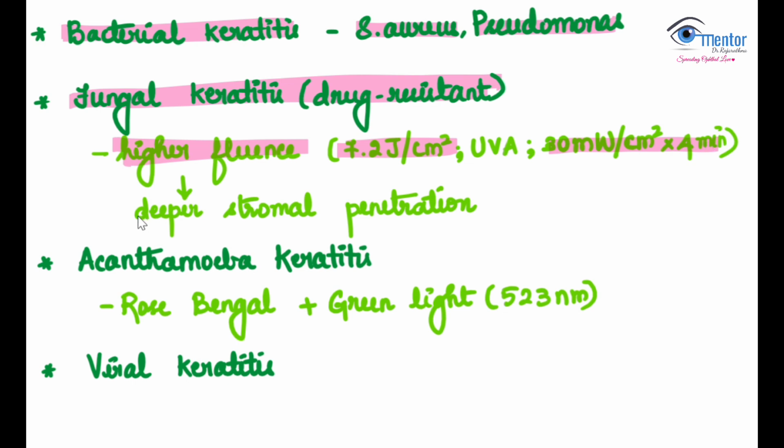Because this made sure that there was deeper stromal penetration where the fungal hyphae were present. It's also tried in acanthamoeba keratitis, but here what worked was rose bengal with green light of 523 nanometer rather than riboflavin with UVA light. It has also been tried in viral keratitis.